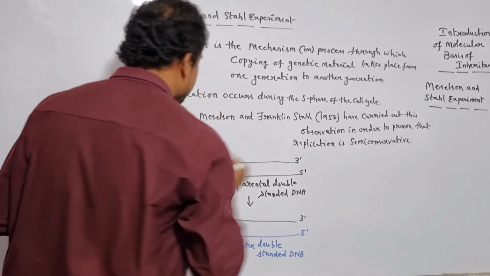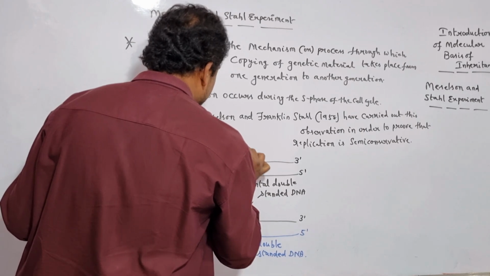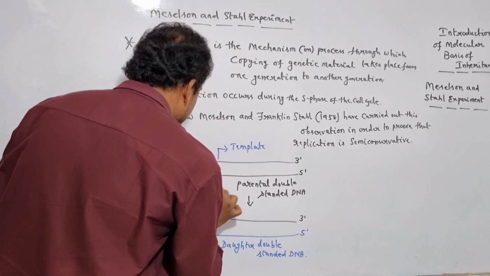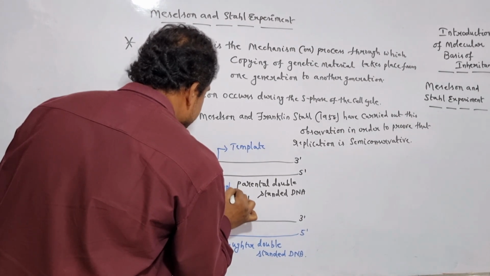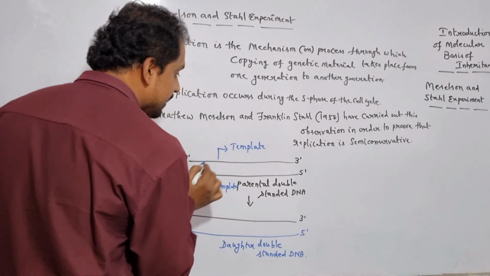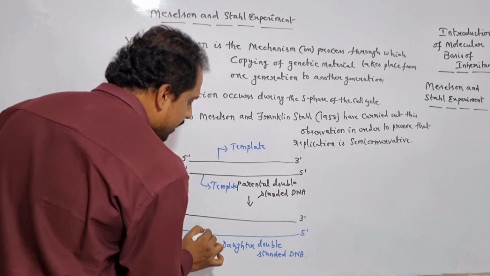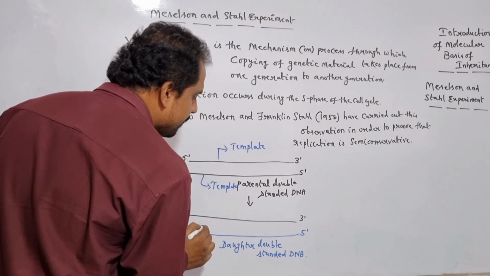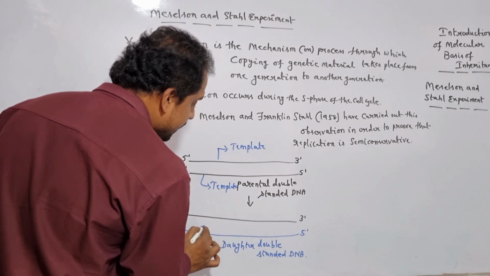So it is one template and it is the other template, right? Both the strands of the DNA from the parental origin act as templates in order to synthesize the daughter double-stranded DNA.